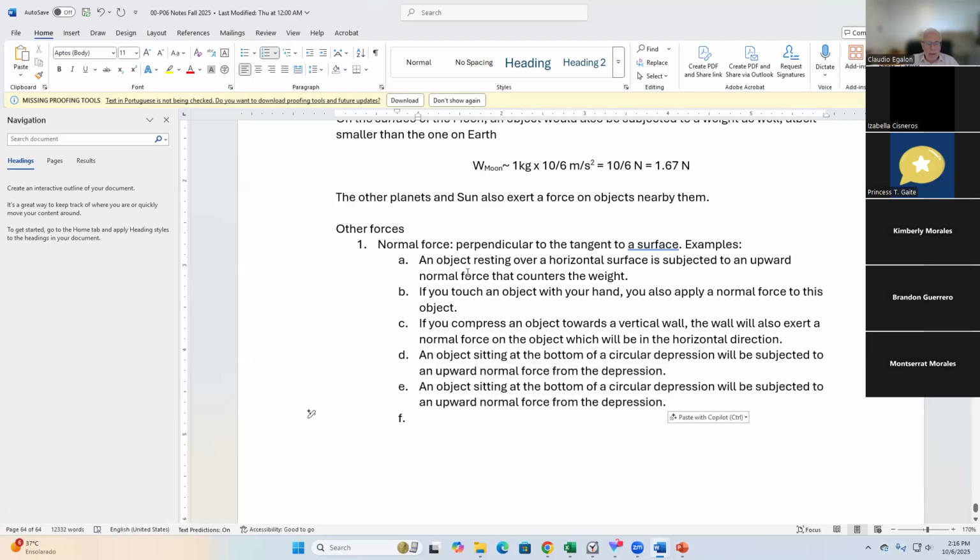An object sitting anywhere in a circular depression will be subjected to a normal force that is perpendicular to the tangent to the circular surface.